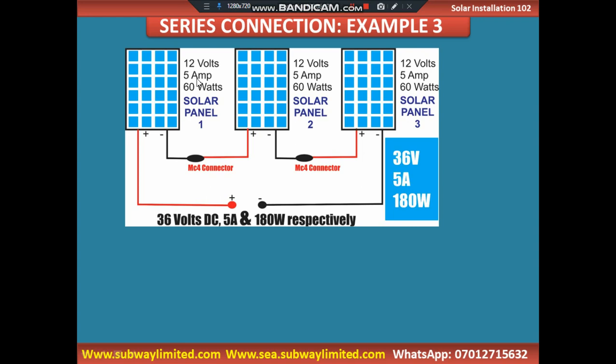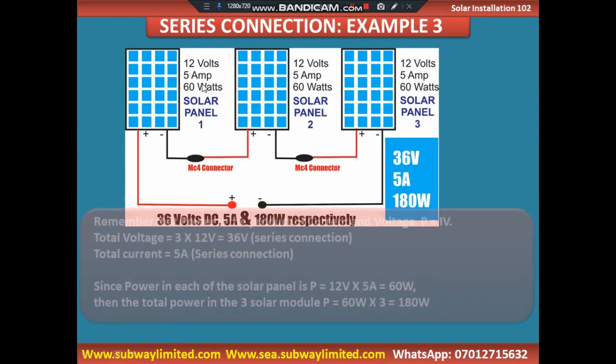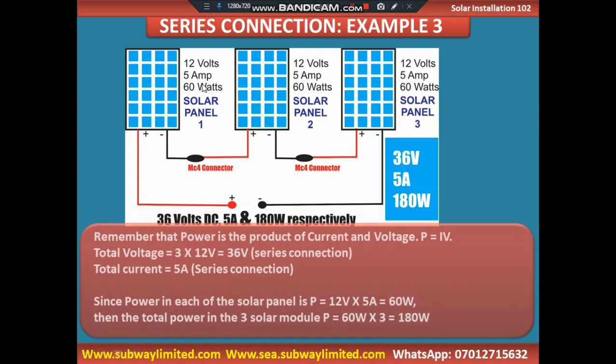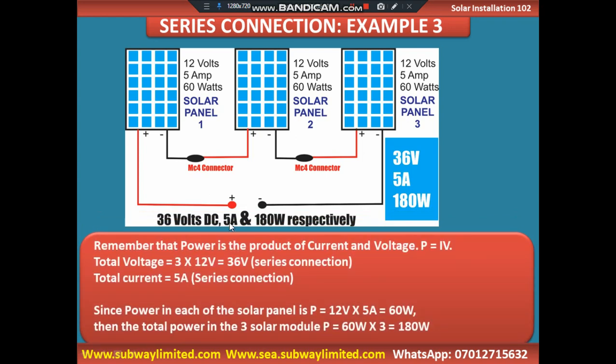We are talking about series connection, remember, and we said that when you connect solar panels in series, the voltage is additive. If you add 12 plus 12 plus 12, it gives you 36. And if you are connecting solar panels in series, the current remains constant. You can see from here that it is still 5 amp, and you are having 36 volts.